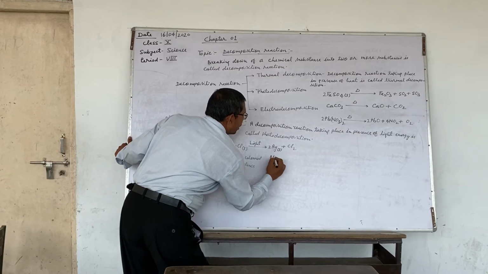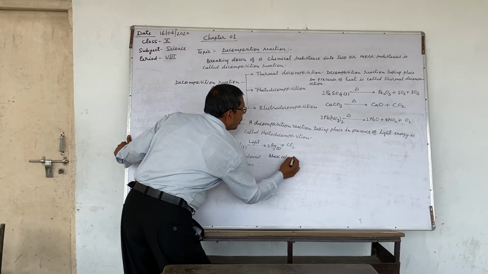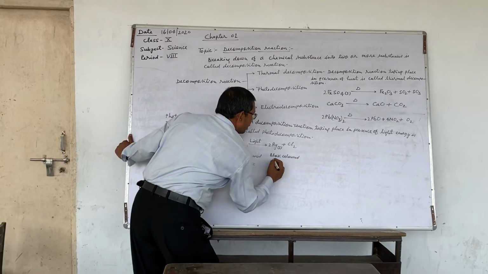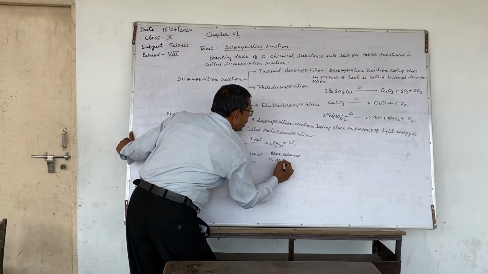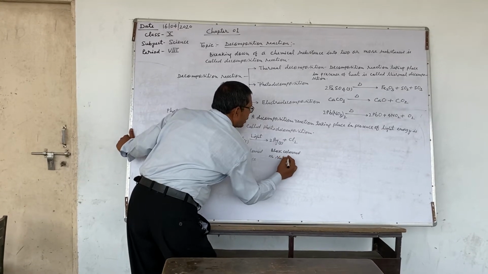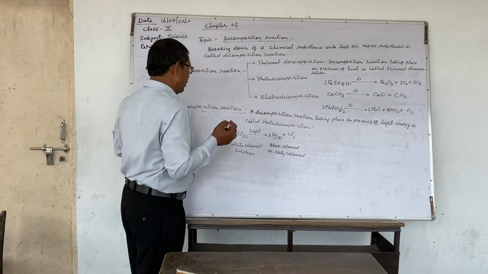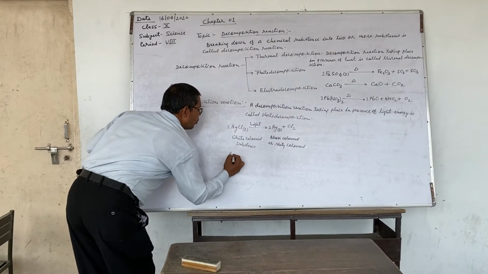The silver is a black or slaty colored substance. Another example, silver bromide.